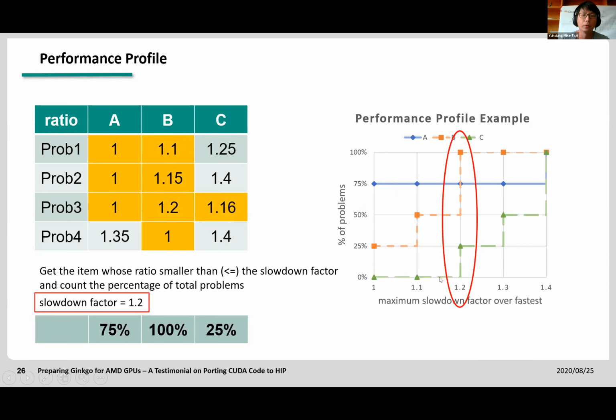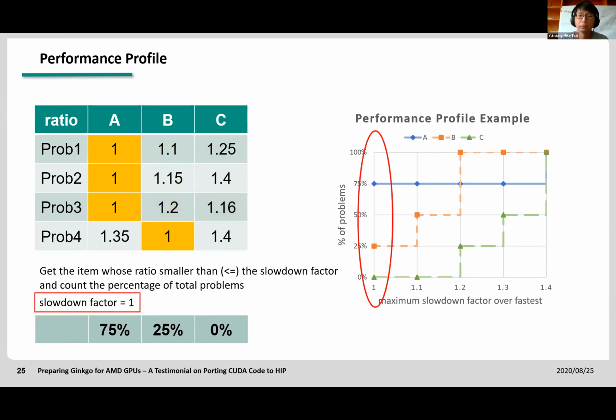Like at 1.2, we count how many problems are under 1.2. A is still 75%, and B will be 100% because everything is under 1.2, and C only has 1.16.